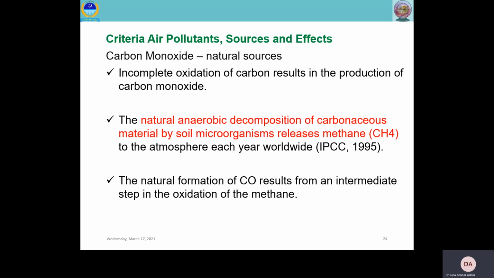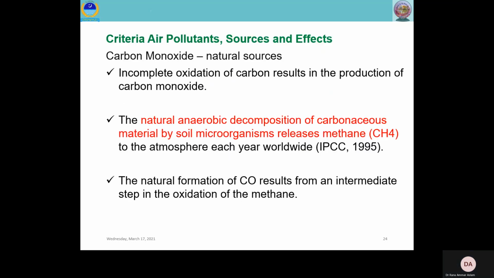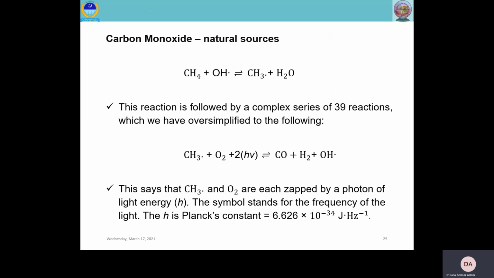Carbon monoxide is actually generated during the oxidation of this methane. This oxidation process completes in more than 41 steps.